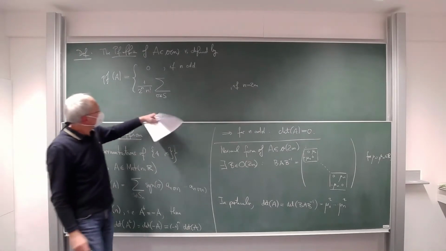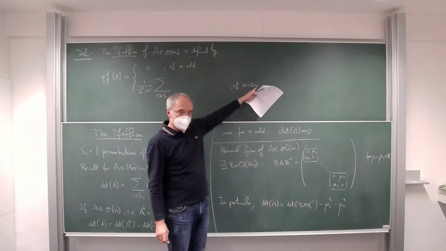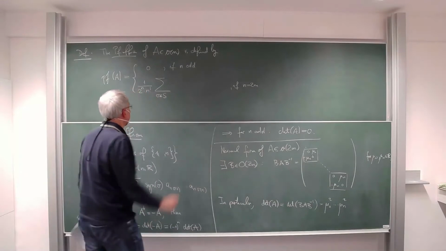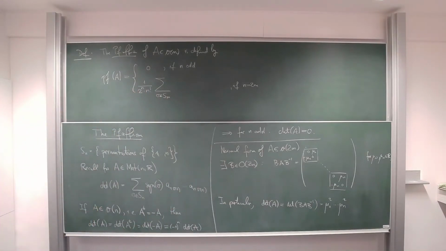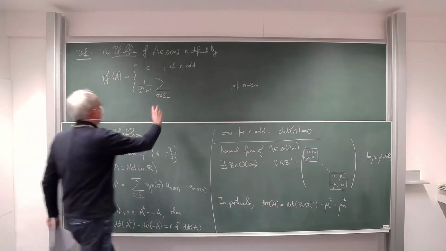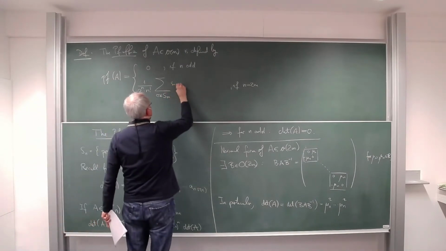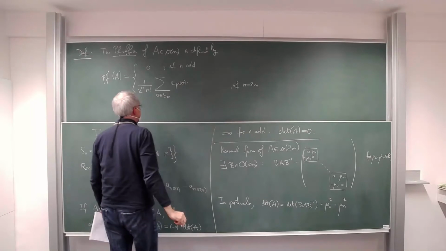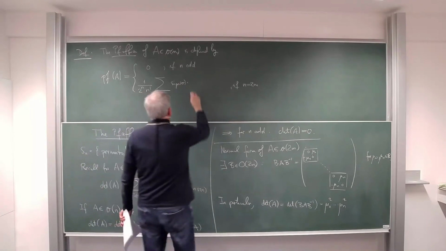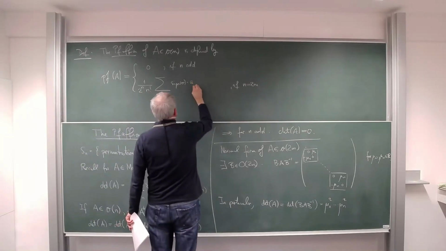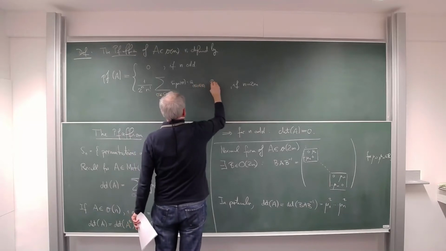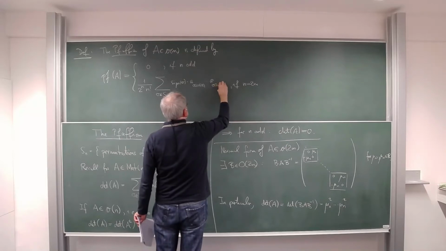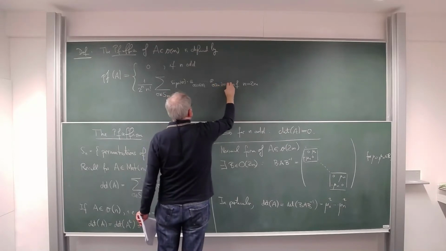Rather, we take only half the size of the matrix, so we take permutations in only n letters. And then we write down the signature of that permutation times a sigma 1, sigma 2, all the way up to a sigma 2n minus 1, sigma 2n.